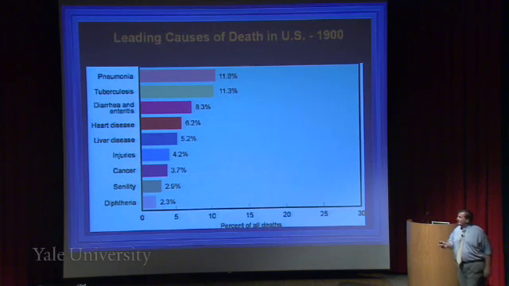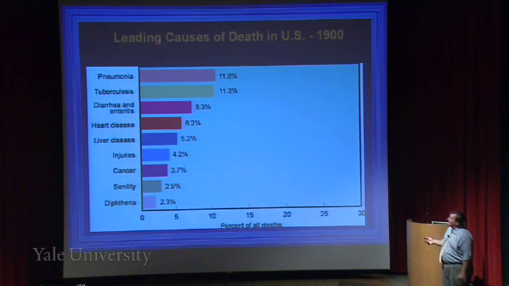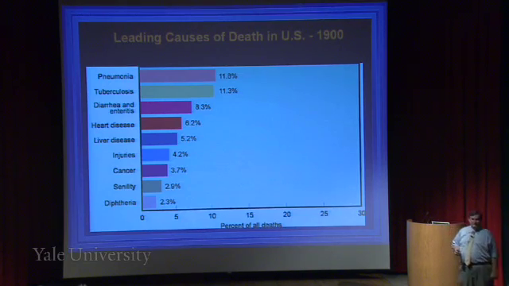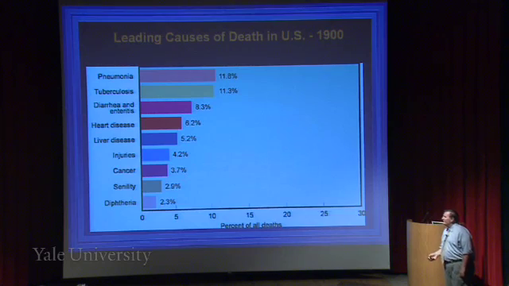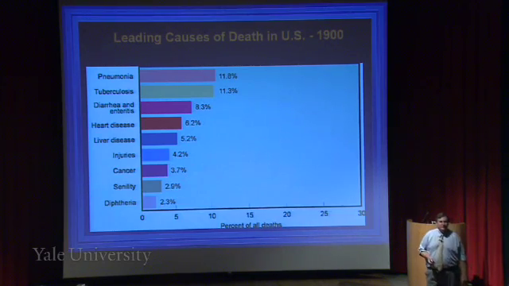And so you can see the pneumonia, tuberculosis, the communicable diseases, infectious diseases for the most part, are taking the most lives at that point. And things like heart disease and cancer are down the list. So if you look at cancer, for example, which is down here, only 3.7% of deaths, much smaller than the number today.